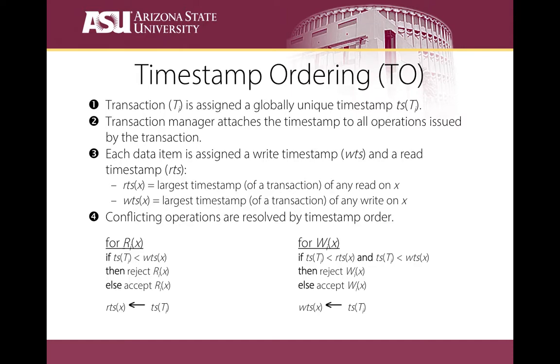I want to make sure that no younger transaction has either read X or written anything into X. If there is a younger transaction that has accessed X, read or written something into it, you reject the operation.